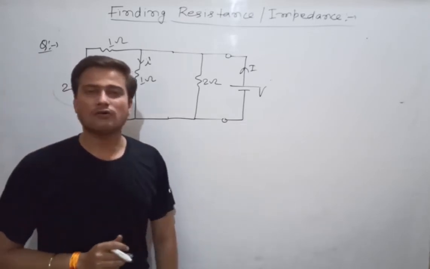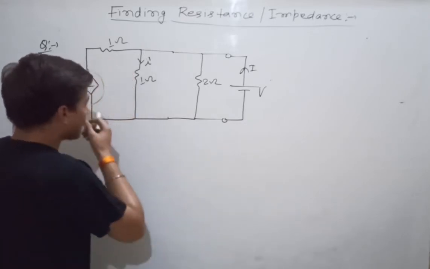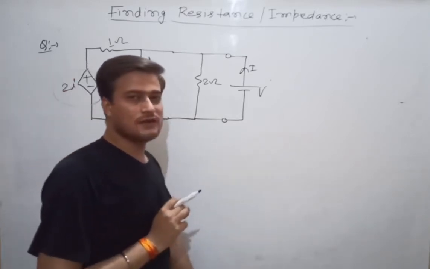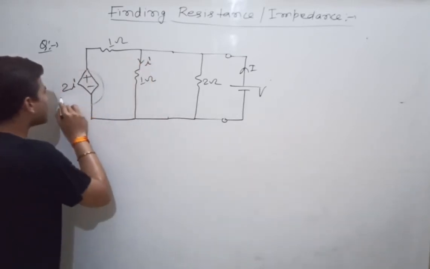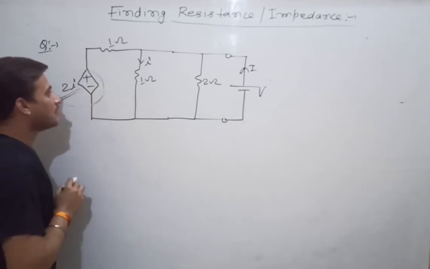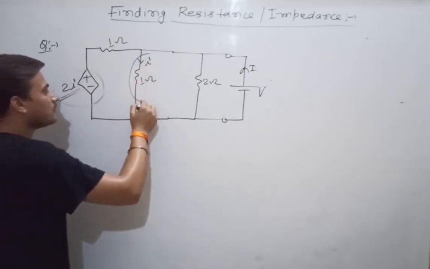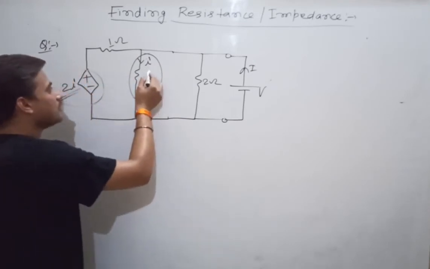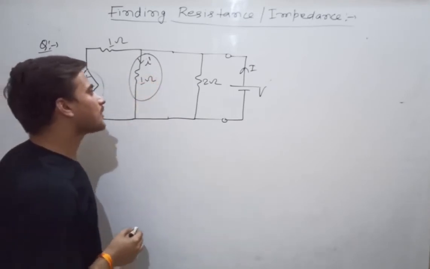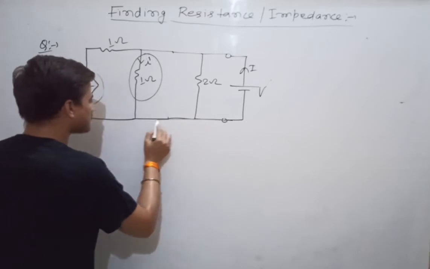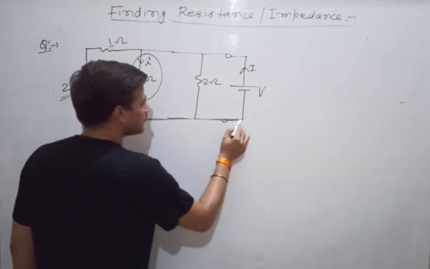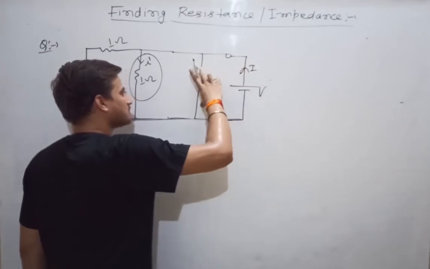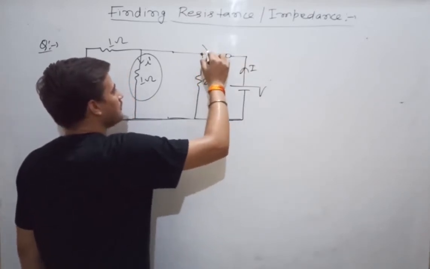So how to find? If you are having a dependent source, then the first step is to look at the magnitude of the dependent source, identify the branch on which the magnitude depends, and apply Ohm's law in this branch. So how will you apply Ohm's law? See, this is the ground terminal, potential 0 volt. Here the V volt battery is connected across this terminal, so the potential will be V volt.